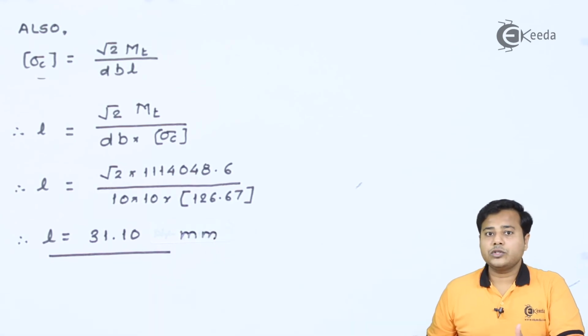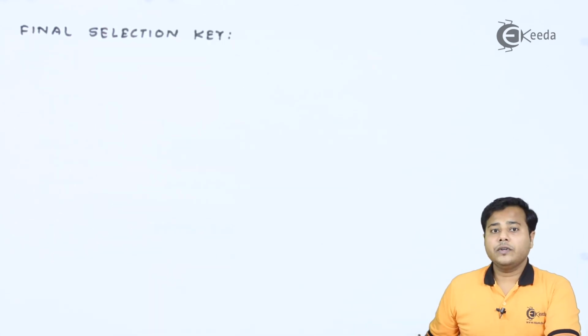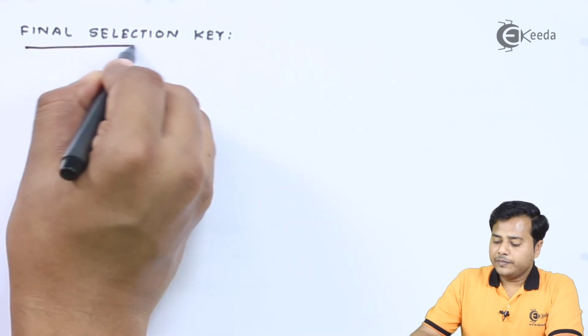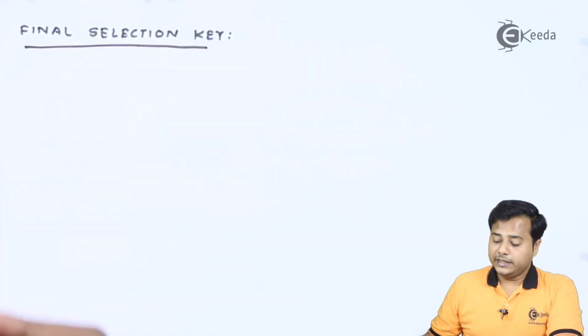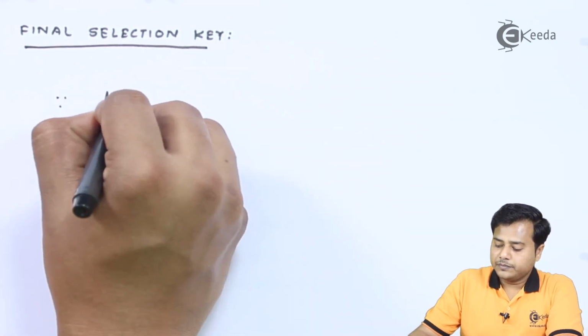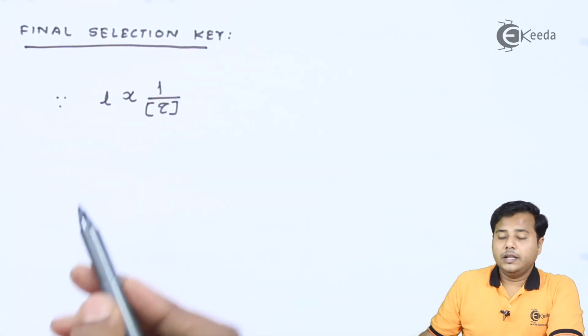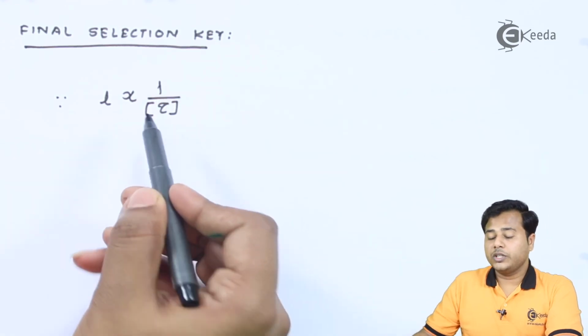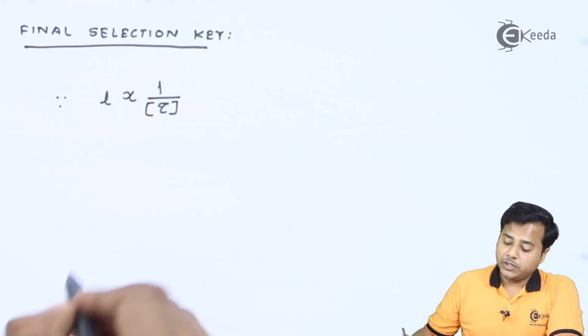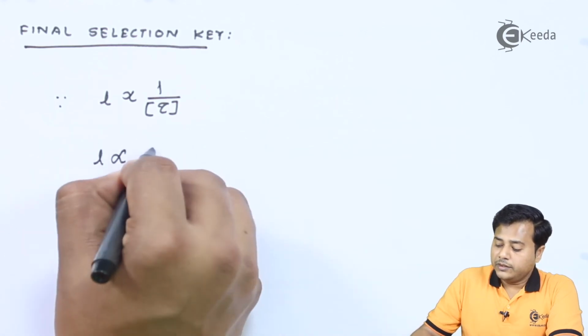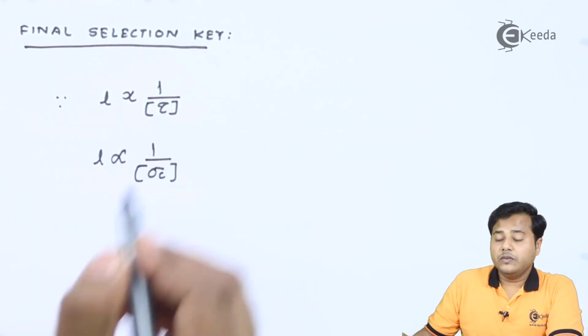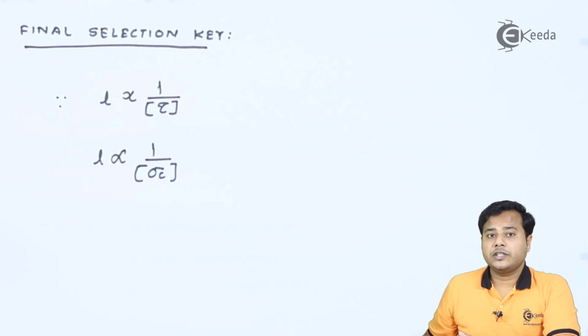Now there we come across two different lengths. Let us compare them. Now for the final selection of key, we again know that in this case, length is not only inversely proportional with the shear stress value, but also the length is inversely proportional with the compression stress.